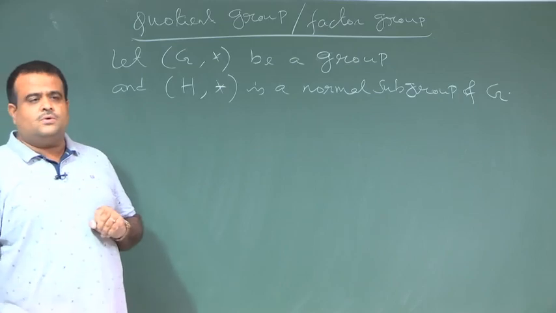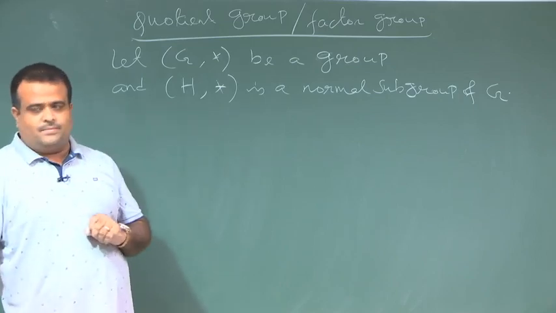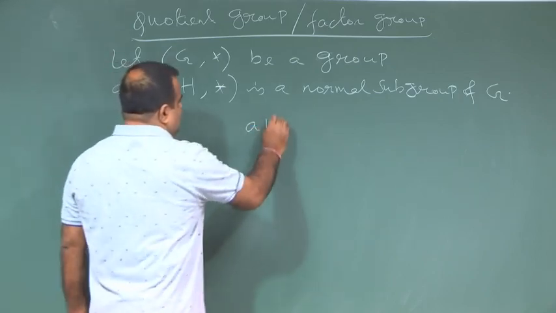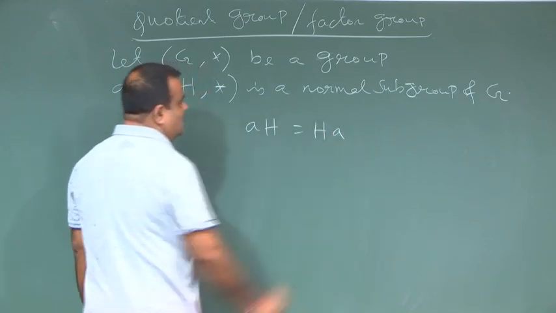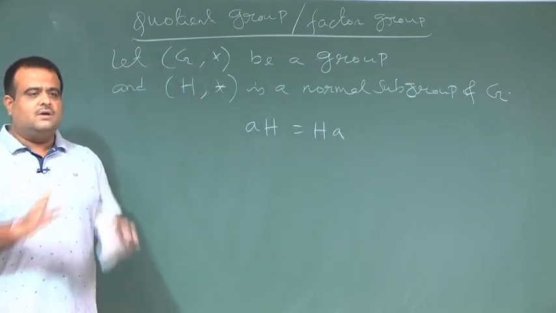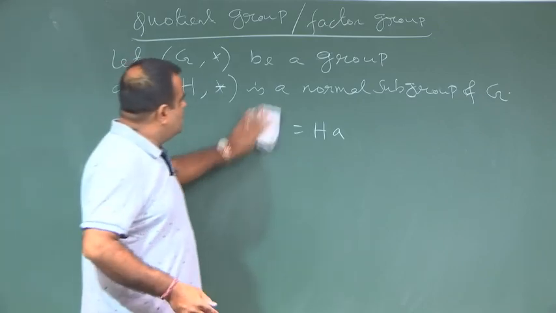Since it is a normal subgroup, the left coset and right coset are the same. That means aH is the same as Ha. So, in that case we will only talk about the coset, because both the cosets are the same.